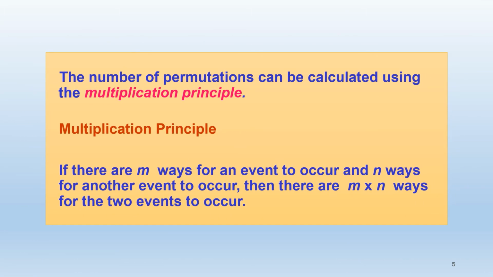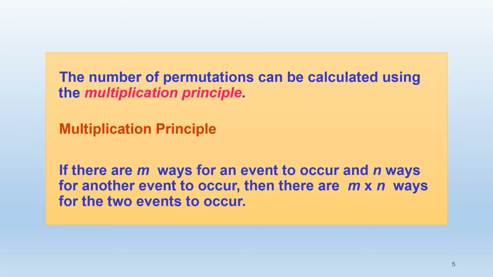Next is the number of permutation. The number of permutation can be calculated using the multiplication principle. So what is multiplication principle? Prinsip darab, multiplication. If there are m ways for an event to occur and n ways for another event to occur, then there are m multiply n ways for the two events to occur.